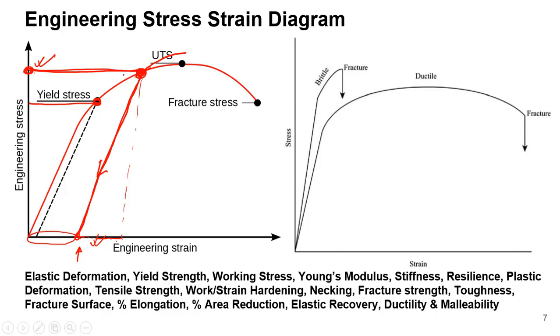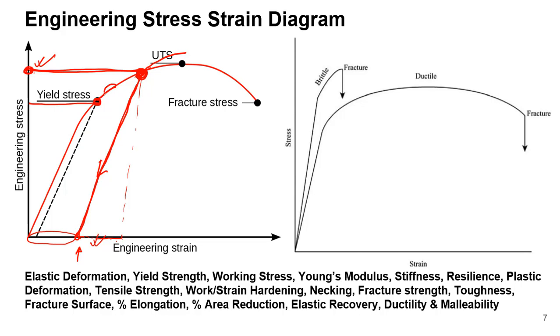Yield strength, I have already told you, gives an idea about the hardness, because the yield strength is the amount of stress that is required to initiate the plastic deformation, and hardness is basically a measurement of resistance to plastic deformation. So you can understand that the material becomes hard. What is actually happening?